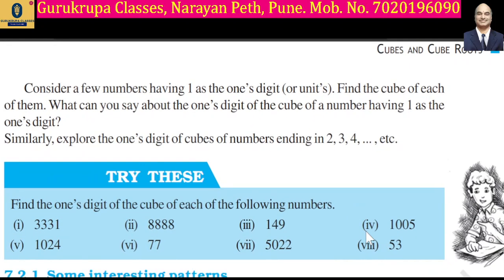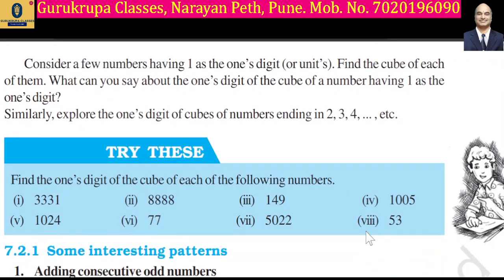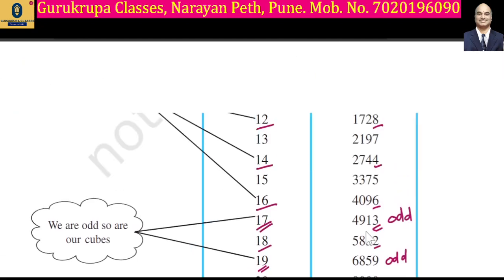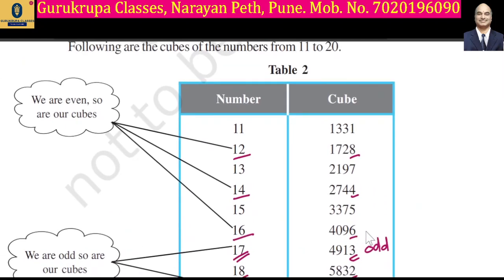Okay. So if we consider a few numbers having 1 as the ones digit or unit digit, then find the cube of each of them. What can you say about the ones digit? If we observe here, the cube of 1 is 1 and the cube of 11 is also, yes, 1331.